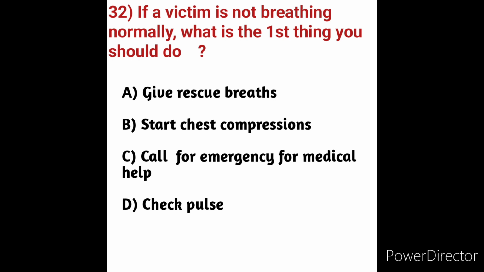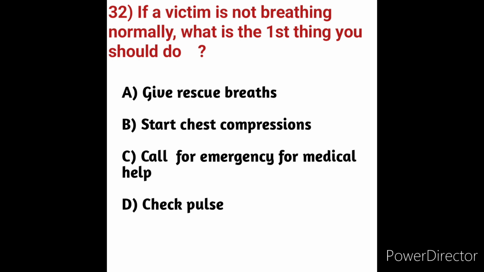Calling for help is the first step in the chain of survival. For victims of a cardiac arrest in adults, call 911 first and do the following. If the person is not breathing but has a pulse, give one rescue breath every 5 to 6 seconds, or about 10 to 12 breaths per minute.